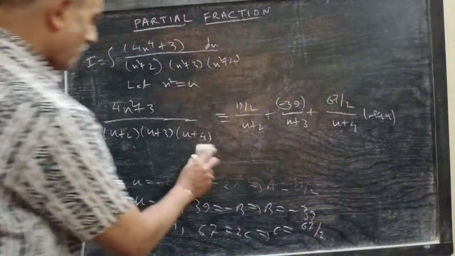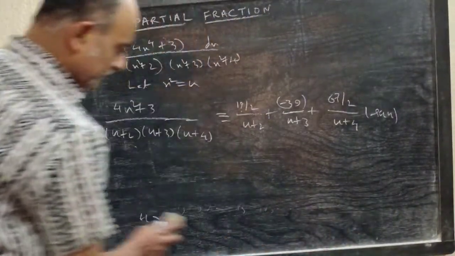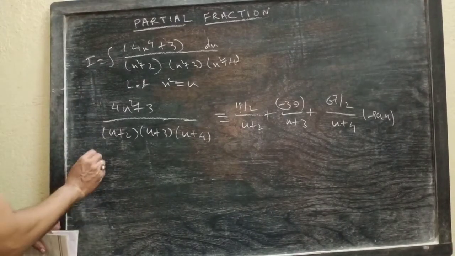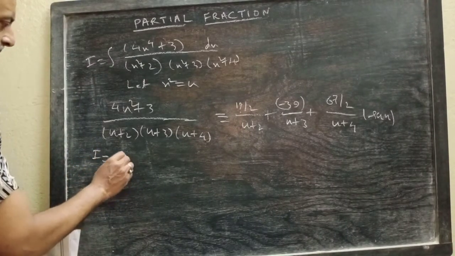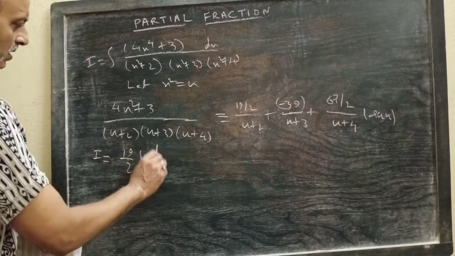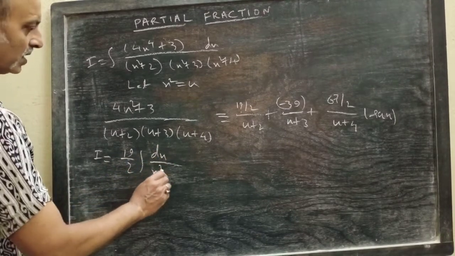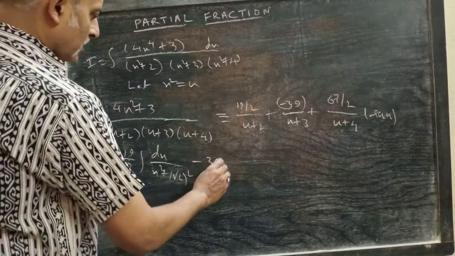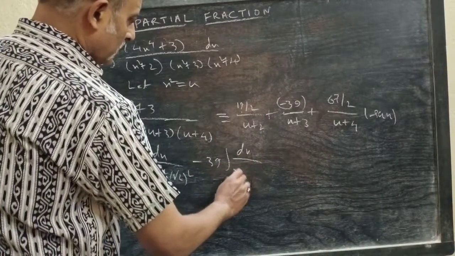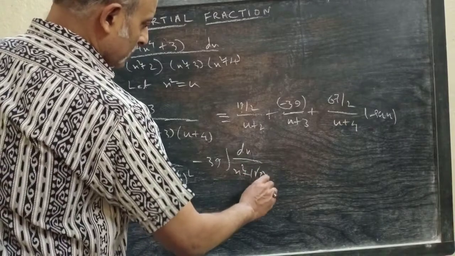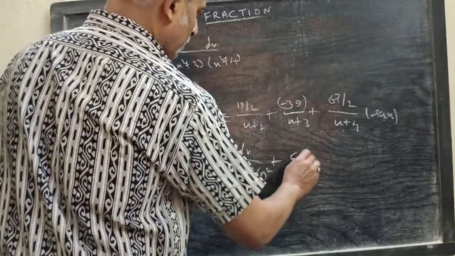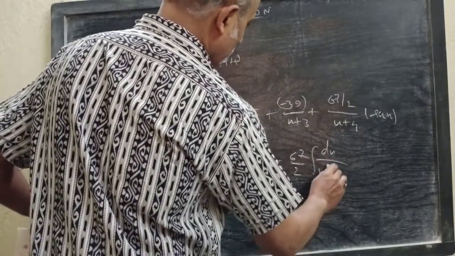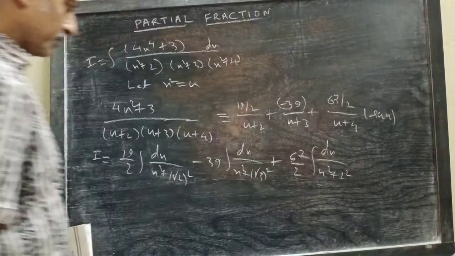So now our I becomes 19 by 2 integration dx by x square plus root 2 square, then minus 39 integration dx by x square plus root 3 square, plus 67 by 2 integration dx by x square plus 2 square.